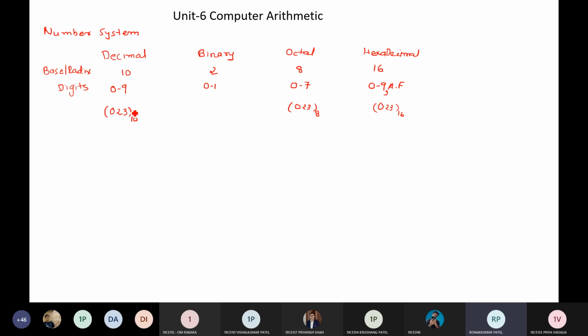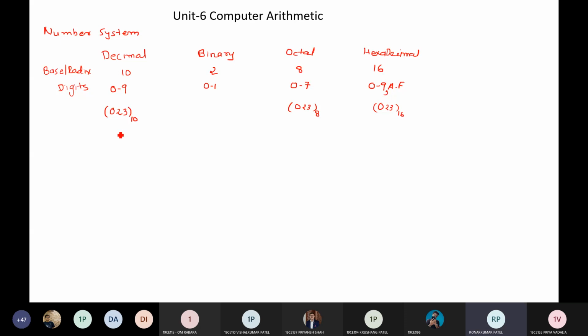Suppose the base is not mentioned, then by default you need to consider it a decimal representation. So if only 0 to 3 is written, without the base in parentheses, you need to consider it a decimal representation.